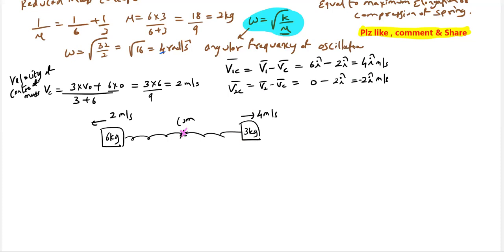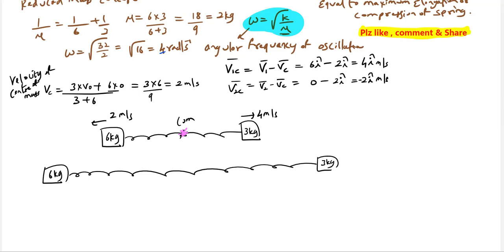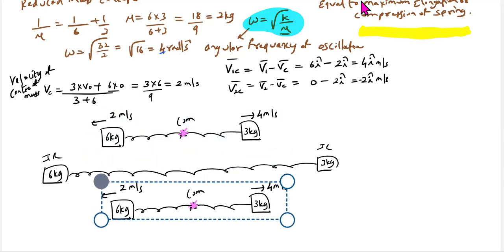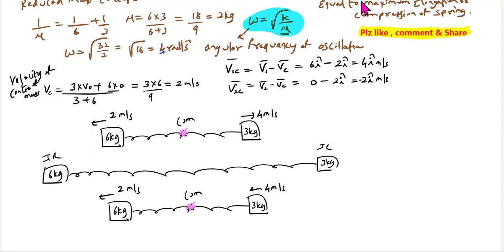I'll show the center of mass by a star mark. Then they will come to instantaneous rest simultaneously. Again, they'll come back to the same position, but with velocity directed towards each other. This will be the mean position, this will be the extreme, and again this will be the mean position.